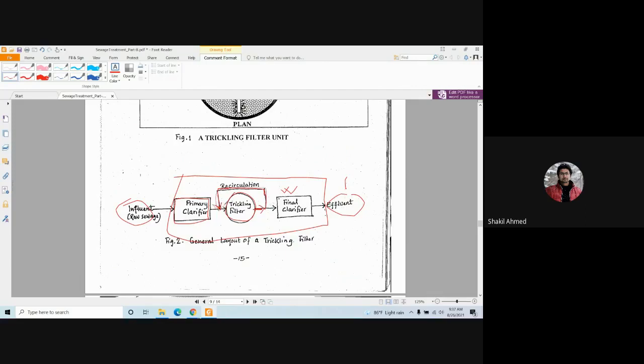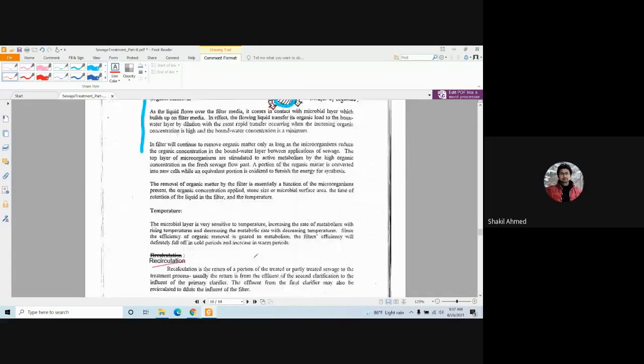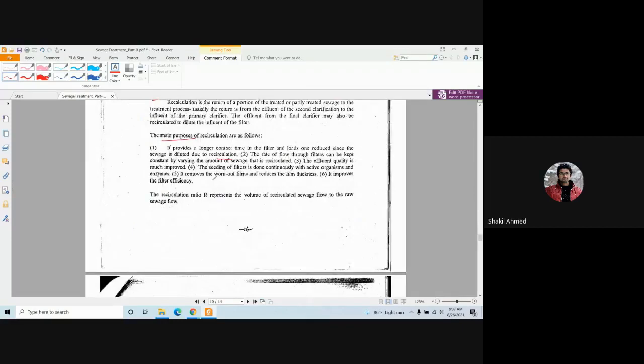That means you are increasing the treatment further. Clear? Yes, sir. That's one thing. Another thing is the seeding of the filter is done continuously with active organisms and enzymes.